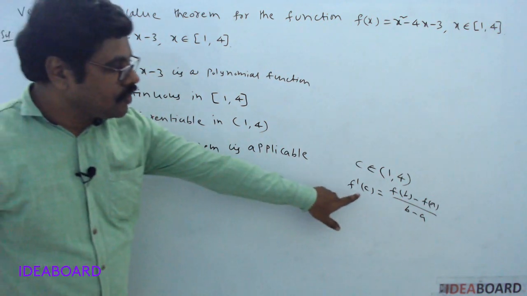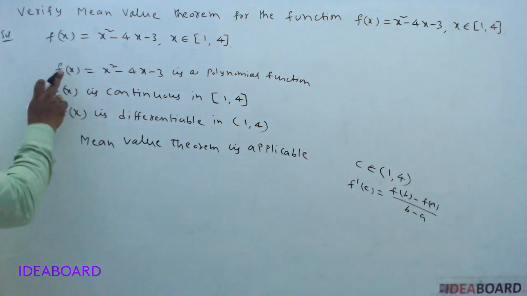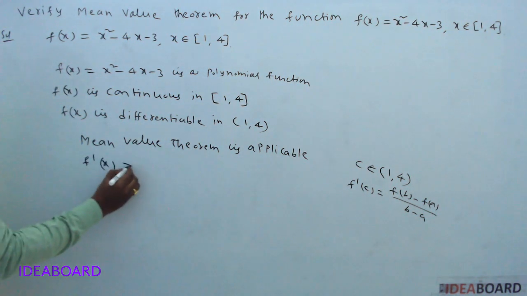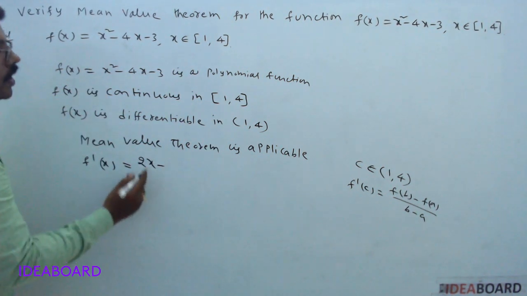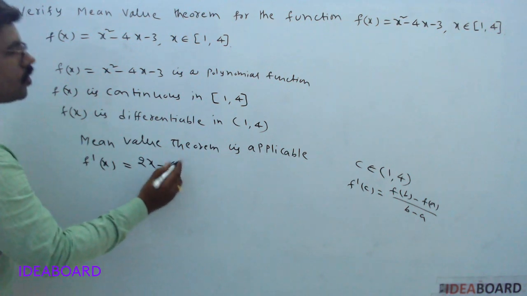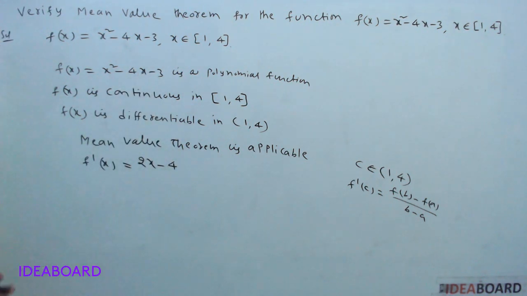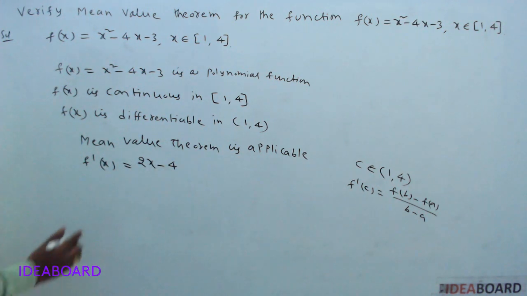Now first, calculate the value of f dash of c. For that, you find f dash of x. So f dash of x equals x square derivative 2x, minus 4x derivative 4. This is the constant term, its derivative will be 0. So f dash of x equals 2x minus 4.